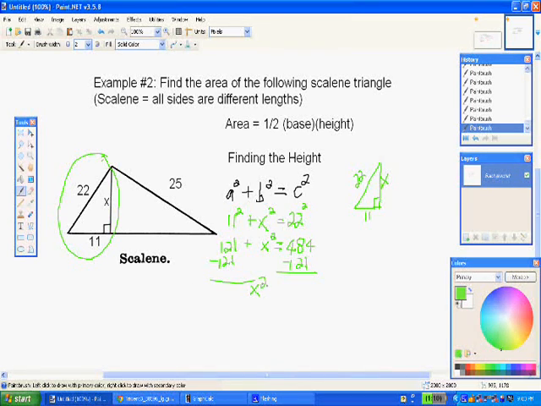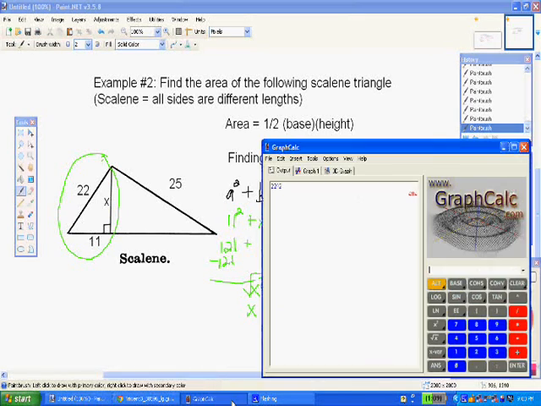I am simply left with x squared here. And here I get 363. And to get rid of that square, I have to take the square root. Let's see what that simplifies to. I'm going to use my calculator again.